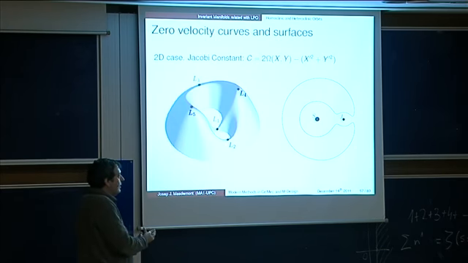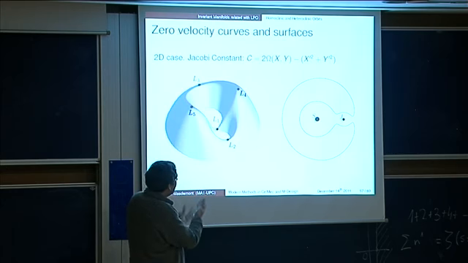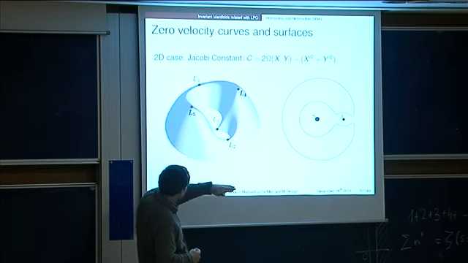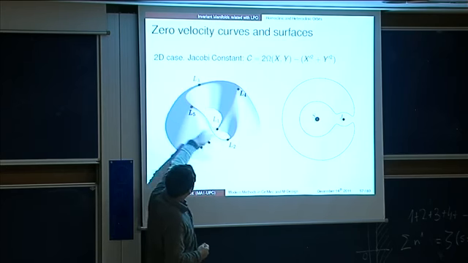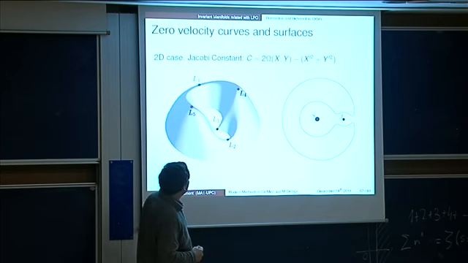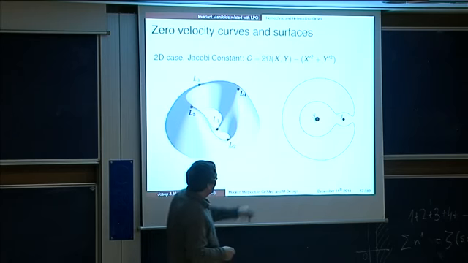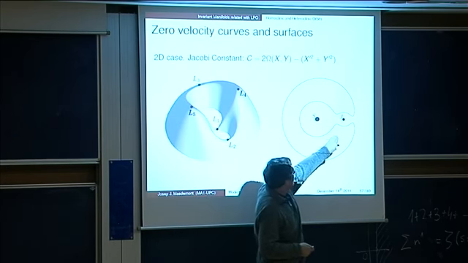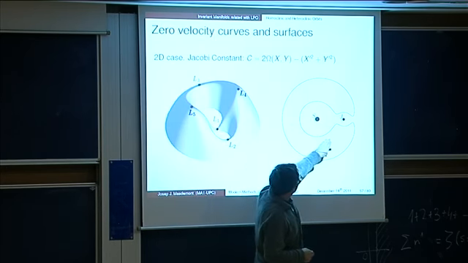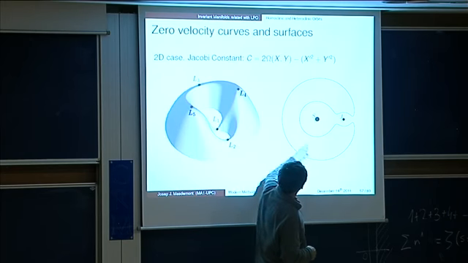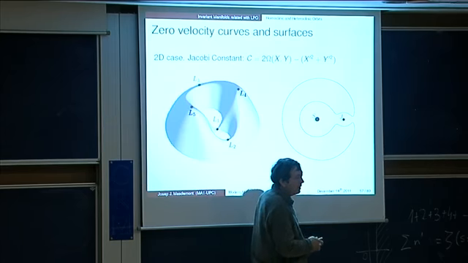For some levels of energy, corresponding essentially to a cut of this Omega function, we have regions where the motion is forbidden. For a given level of energy, this region here, known as the Hill region, is forbidden, so the satellite cannot be here.